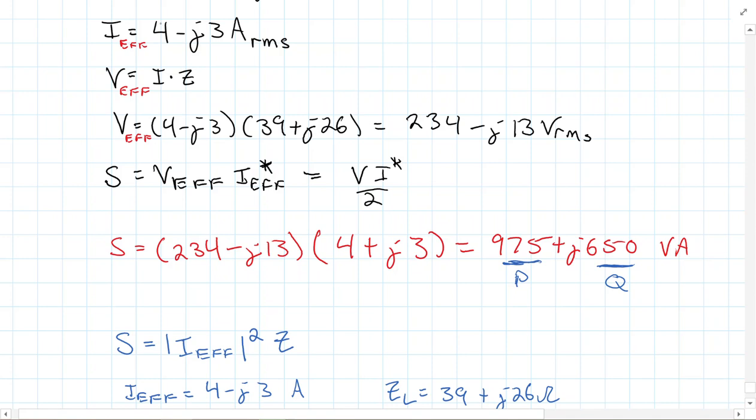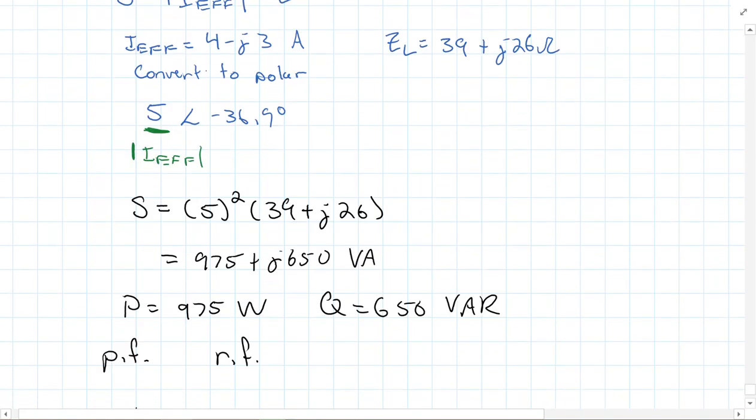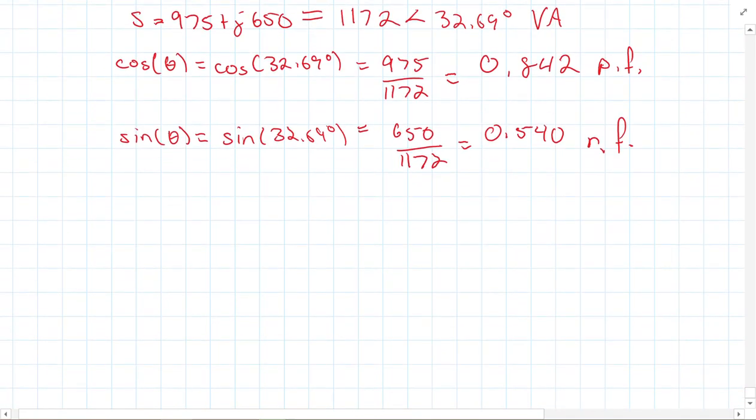So we got the current as 4 minus J3, but when we did our power computation, we did 4 plus J3. So we've got a first example done, and essentially the next several lessons are going to be just some more examples of how to compute power with circuit analysis.